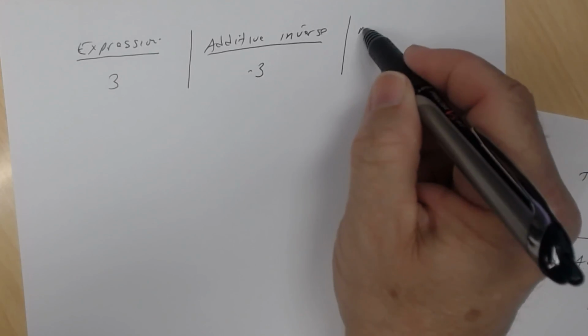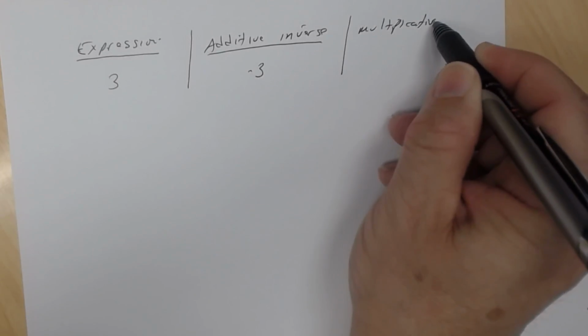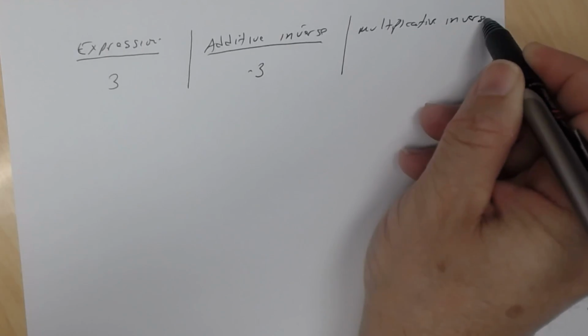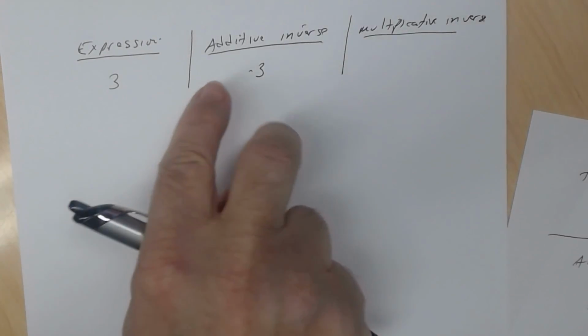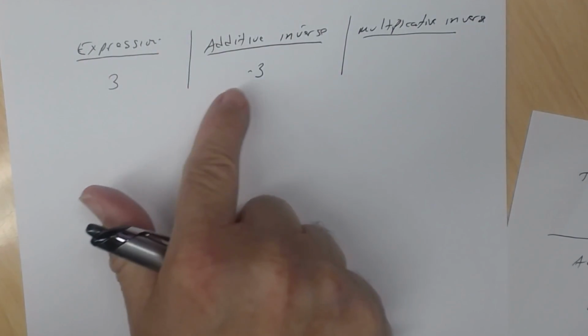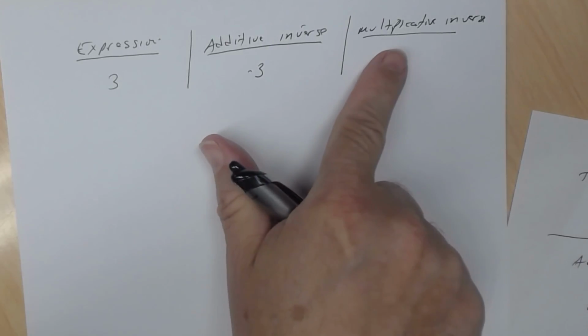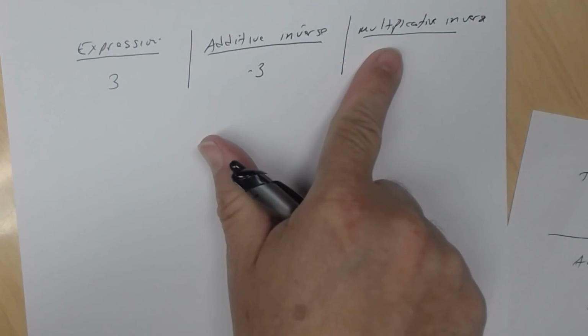All right, let's go about multiplicative inverse. Now remember, the reason it's called an additive inverse is because when you add these, you get 0. 3 and negative 3 is 0. Multiplicative inverse, another word for that is reciprocal.